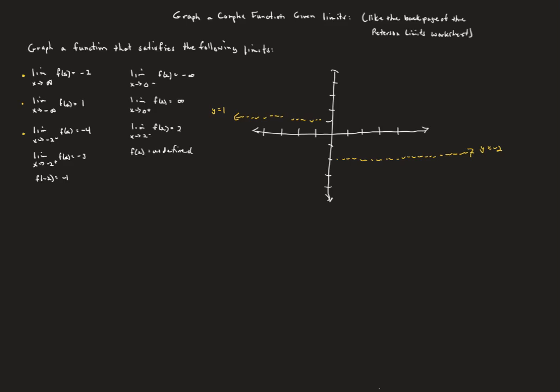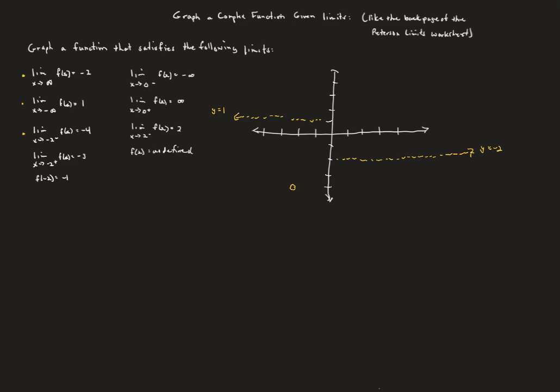Now the next one says, as we approach -2 from the left, the function is approaching -4. So I'm going to go to -2 on the x, find -4 on the y. I'm going to put a little open circle there because I don't know yet if it's actually defined to be that.